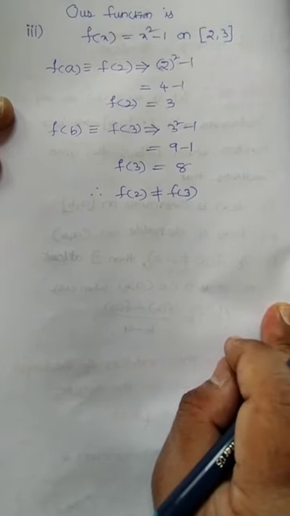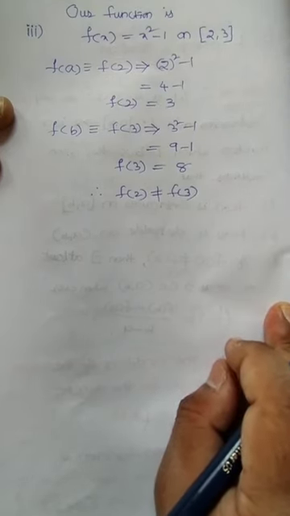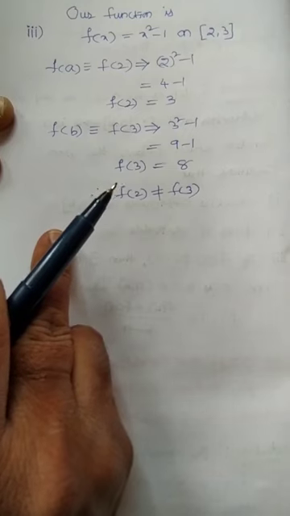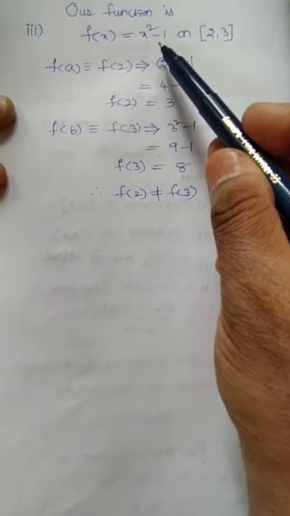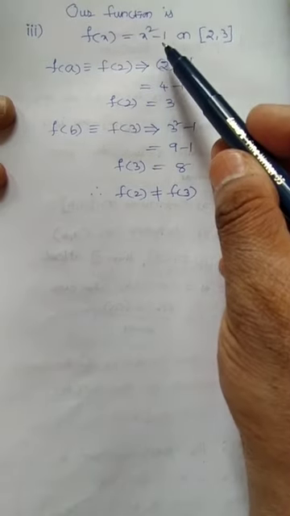So here we can verify the third condition of Lagrange's theorem, whenever f of a is not equal to f of b. Now I am differentiating the given function to get f dash of x.